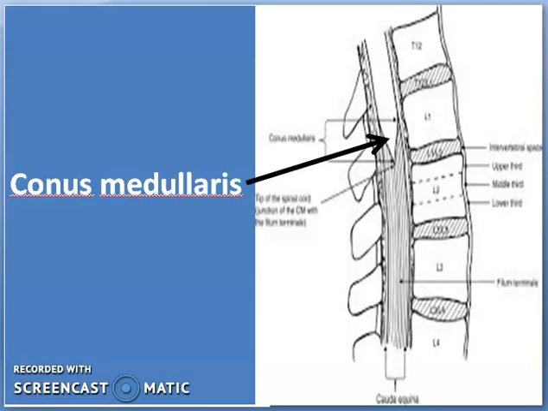Now, below the lumbar enlargement, the lower end of the spinal cord is conical in shape and it is called conus medullaris. It extends up to the lower border of L1 vertebra or the upper border of L2 vertebra.